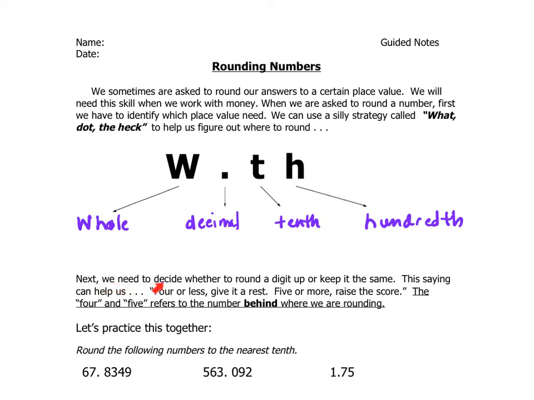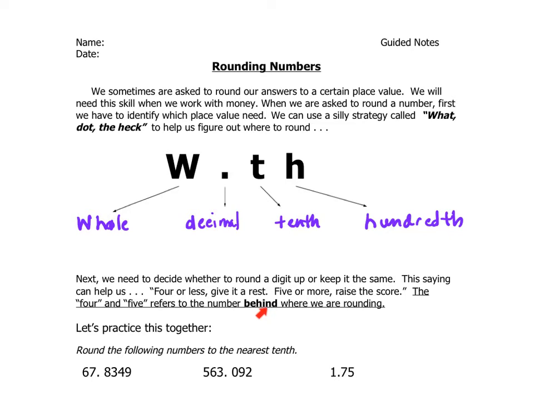Continuing, next we need to decide whether to round a digit up or keep it the same. This next saying can help us. 4 or less, give it a rest. 5 or more, raise the score. The 4 or 5 refers to the number behind where we're rounding. And I'm going to refer to this number that's behind as the bossy number.